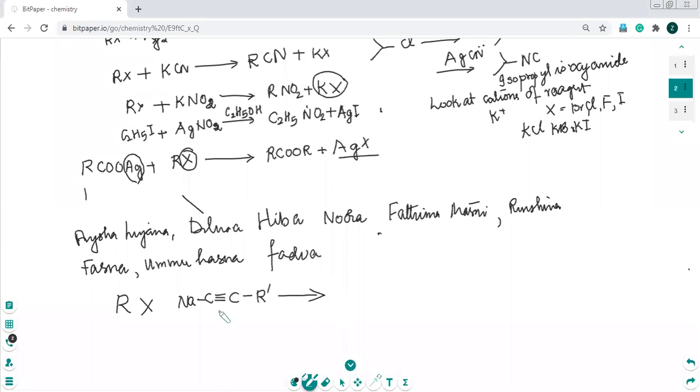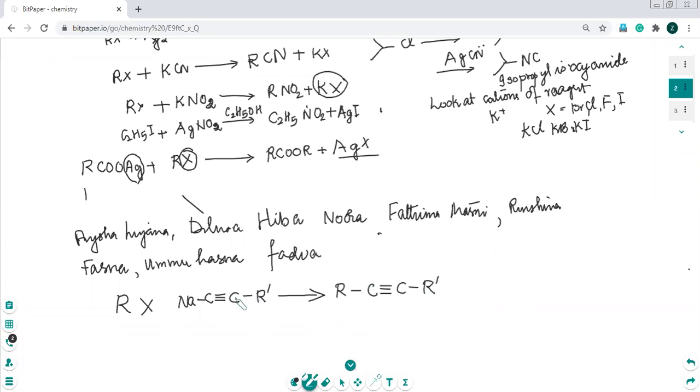Now this reacts. RX plus sodium acetylide gives you R-C triple bond C-R. Now see, what is this? This is an acetylene derivative.